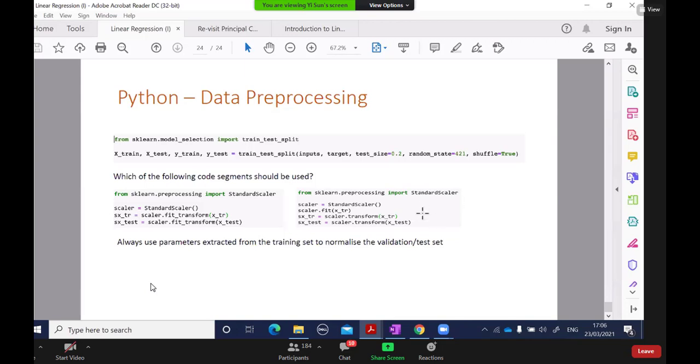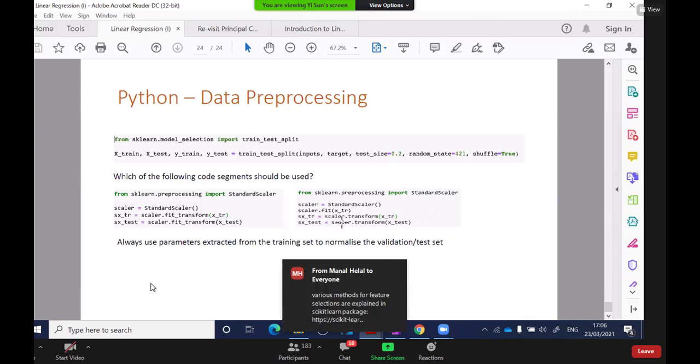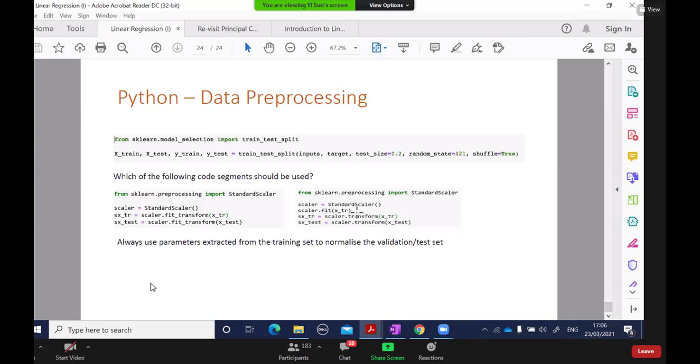However, for the right-hand side, look at the difference. The difference is that I use fit and transform separately. Fit is used for the training set only, and transform is used for both the training and the test set. What's the difference between these two?